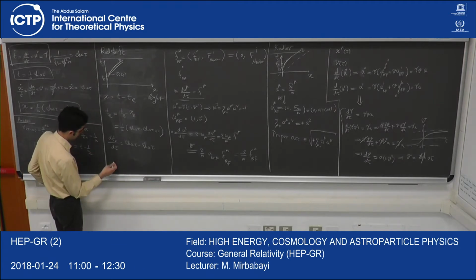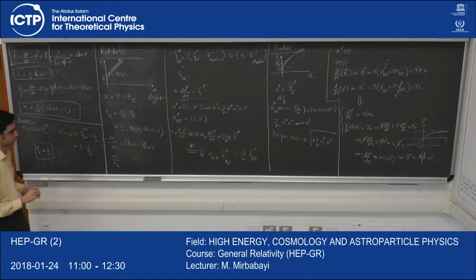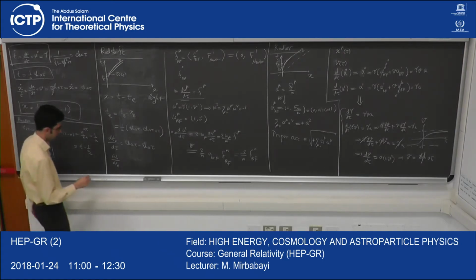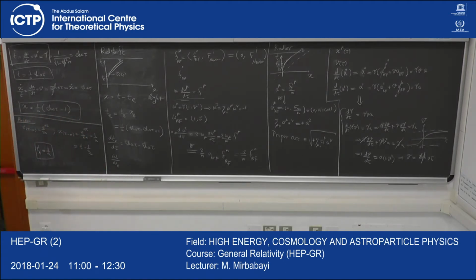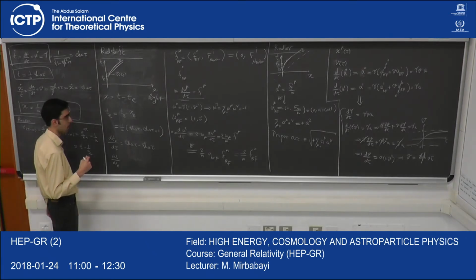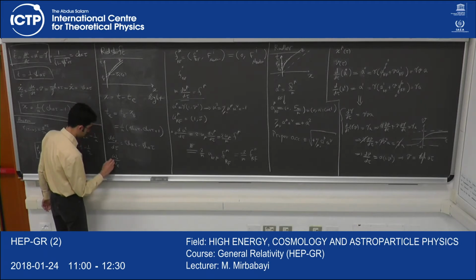And this is exactly omega observed divided by omega emission, because frequency is related to the inverse period. Okay, so this is the redshift. That's exactly the definition of redshift, and it's given by that formula.